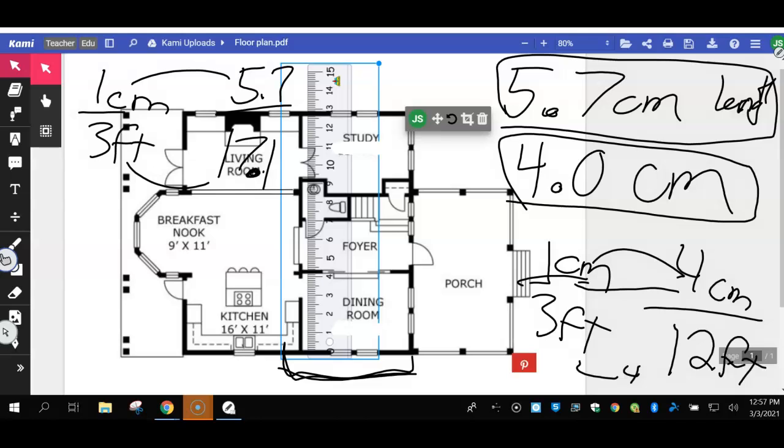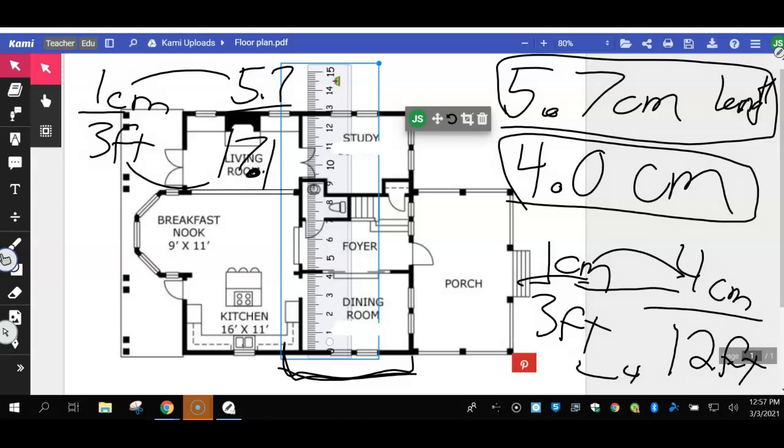Now, that tells me the length of my dining room and the width of my dining room, right? The actual length. So when I go to build this, I know one wall has to be 17.1 feet long and then 12 feet wide, right?